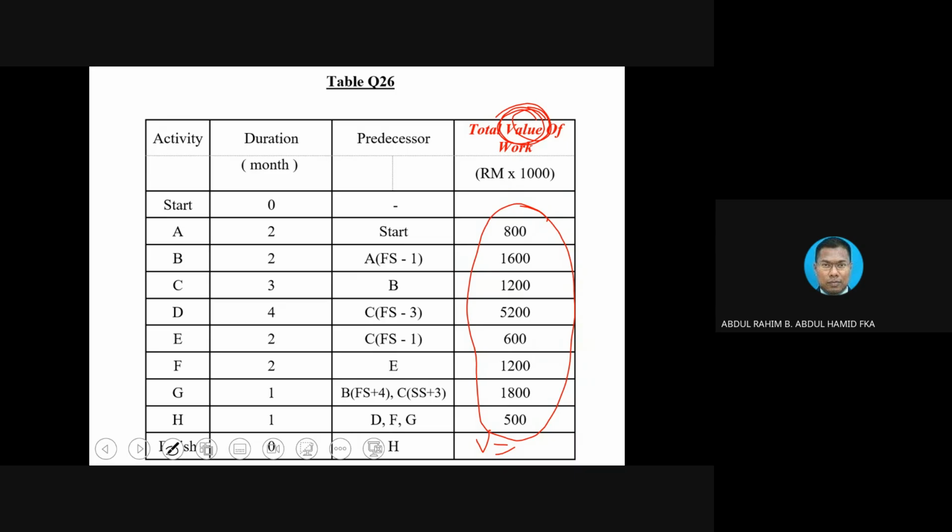You don't have to solve the PDM diagram and then construct the bar chart. If you do that, it will take you longer time. Instead, you can basically construct the diagram from the data given. You notice that A is 2 months. So you just draw A, 2 months, let's say. And then B is overlap from A, FS minus 1.